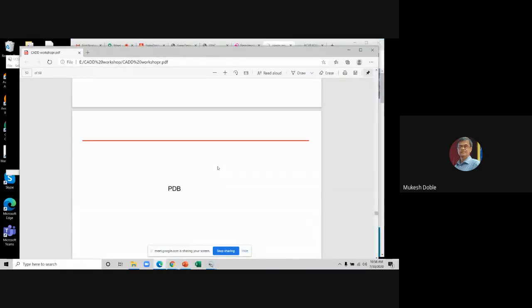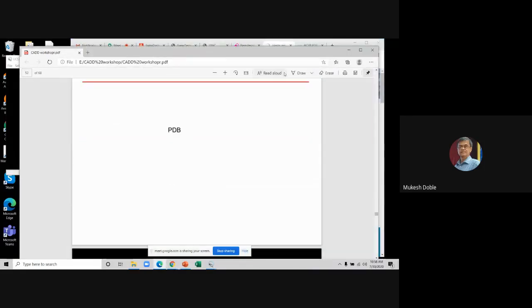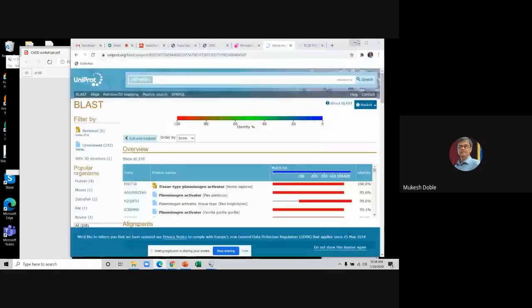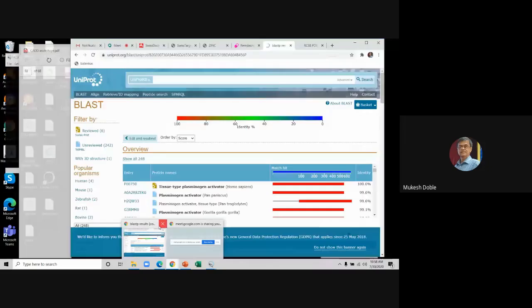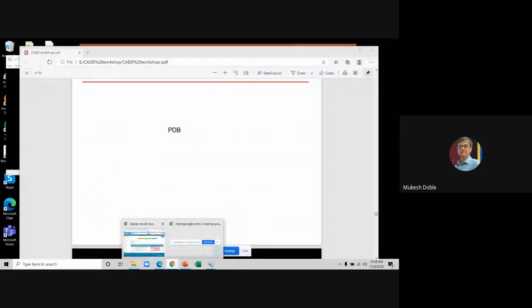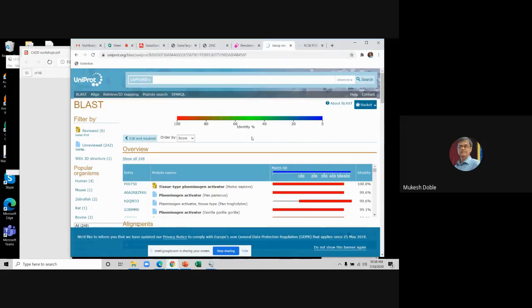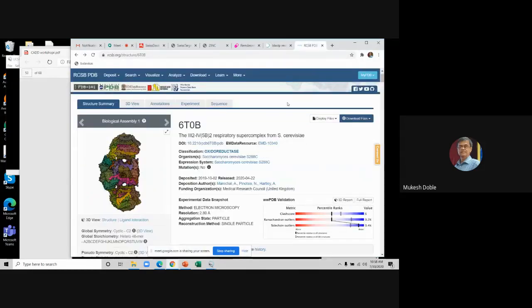Okay, so that's UniProt. Then the PDB I talked about, which is very important, gives you the 3D structures. This PDB database is called Protein Data Bank. Again, this gives you information about the literature related to how the protein was isolated, from which species.